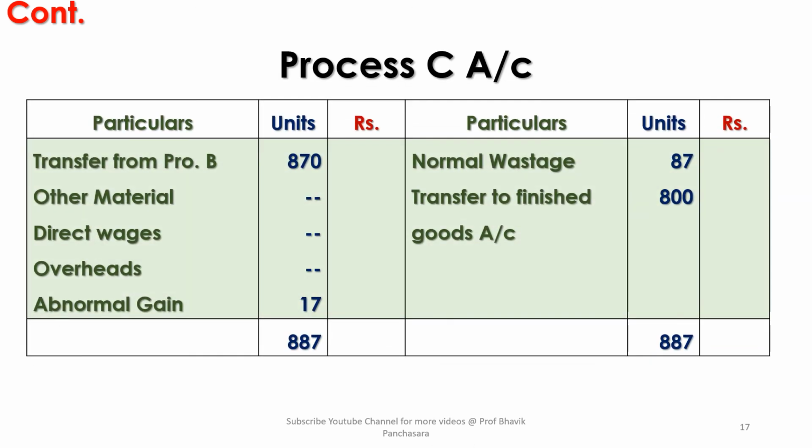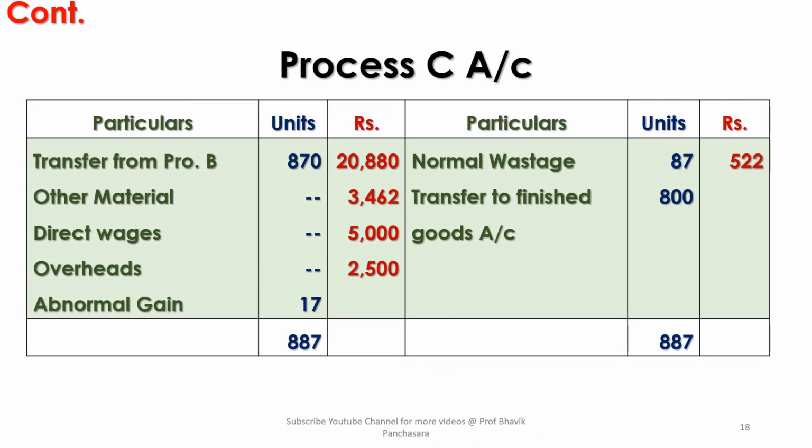Okay, now if we put the units, here transfer from process B is 870 units and abnormal gain units are 17, whereas on the credit side units of normal wastage are 87 and the units that we have transferred to finished goods are 800. Now we will make the total of the units column on both sides and the total will tally by 887 units.